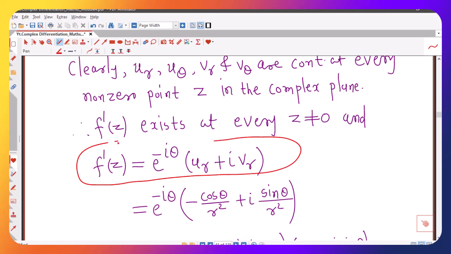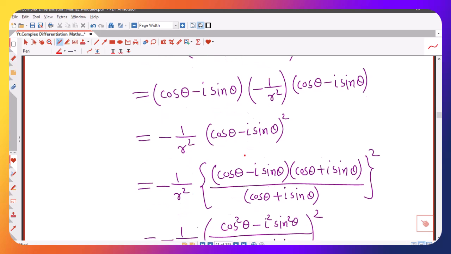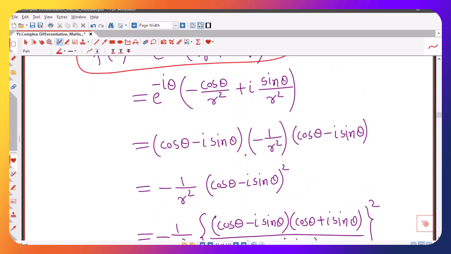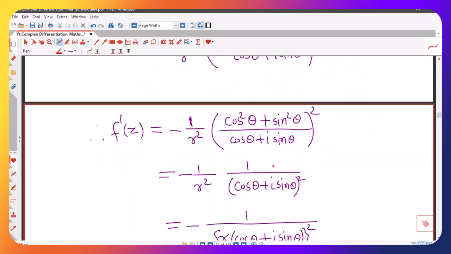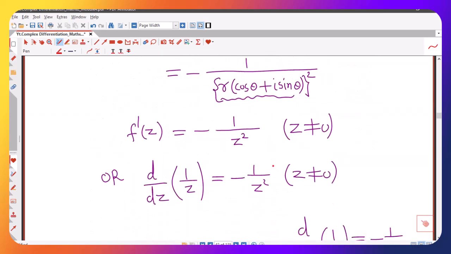F dash z is given by e to the power minus I theta times del u by del r plus I times del v by del r, and by making these arrangements or adjustments we are able to derive the formula of 1 by z.